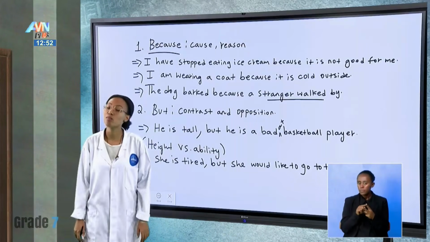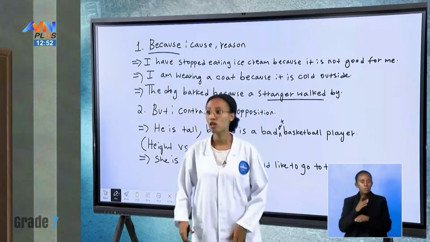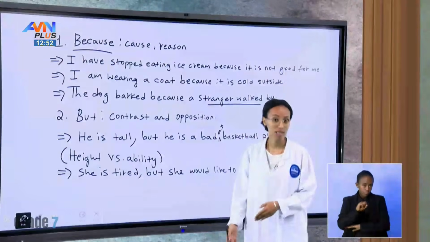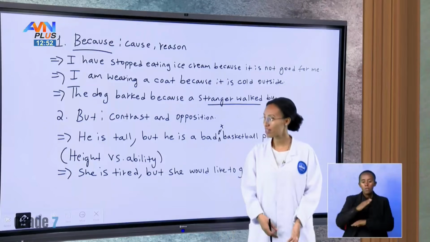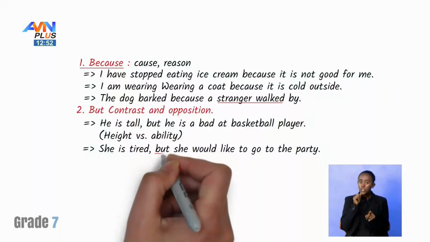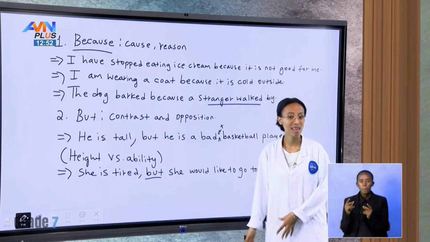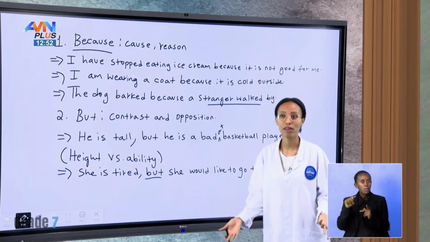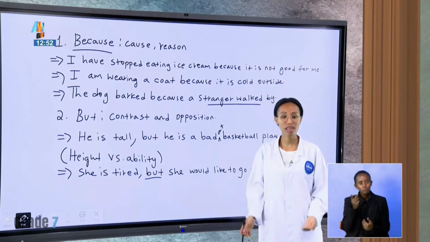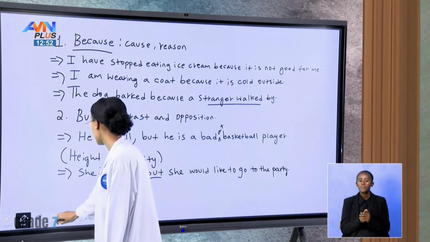If someone says, I'm tired, then that person is usually advised to do what? To take a rest. If you are tired, take a rest. But in this case, she is tired, but she is preparing to go to a party that would be more tiring. So, two opposing ideas.